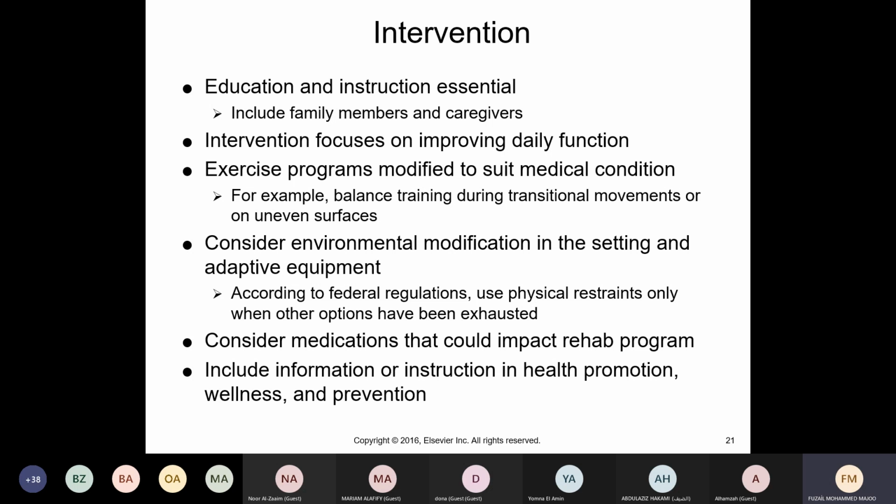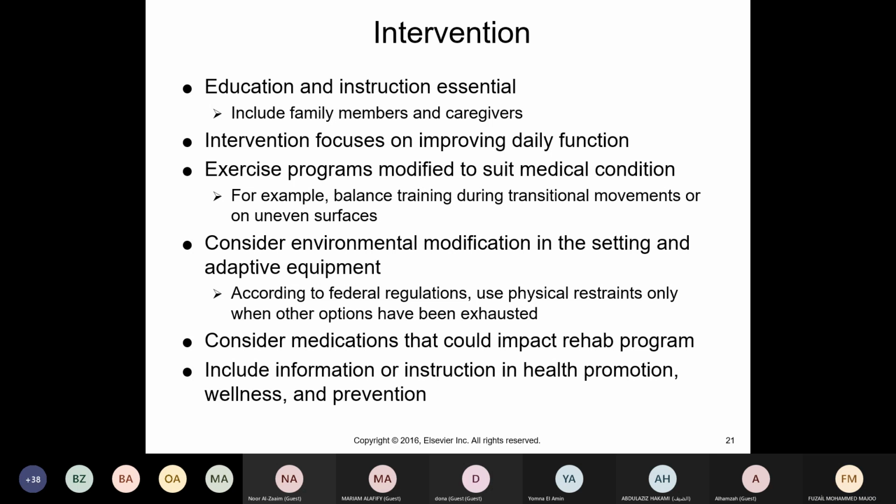So, what are some of the interventions that could be done for the geriatric patient? Education. You teach them, you give them instructions, not just the patient, but also the family, or anybody else that's involved in giving care to that patient. The intervention focuses on improving their daily functioning.